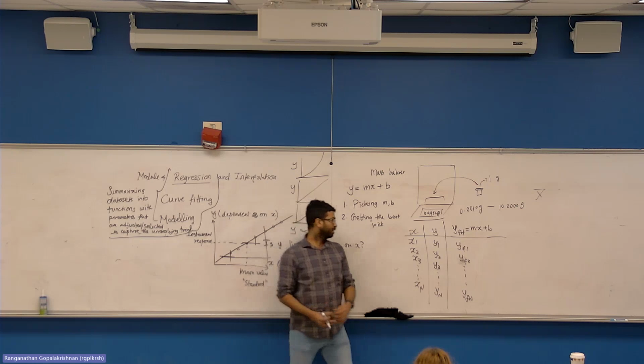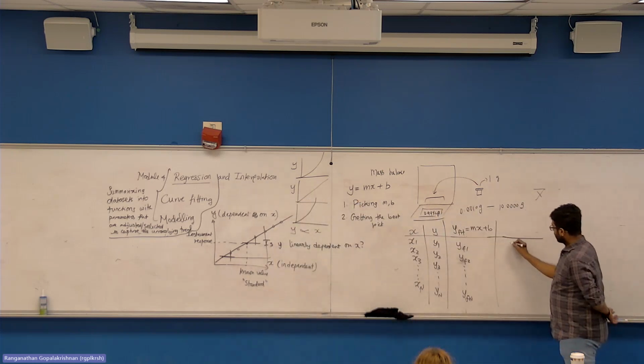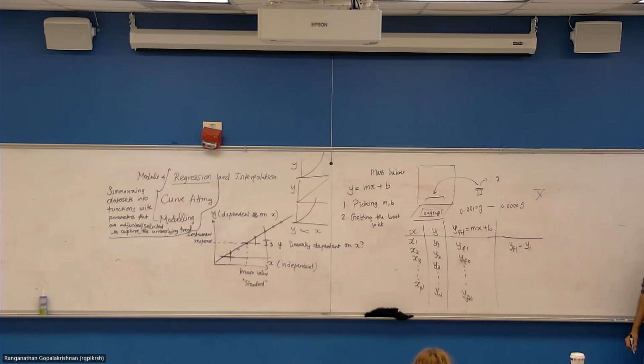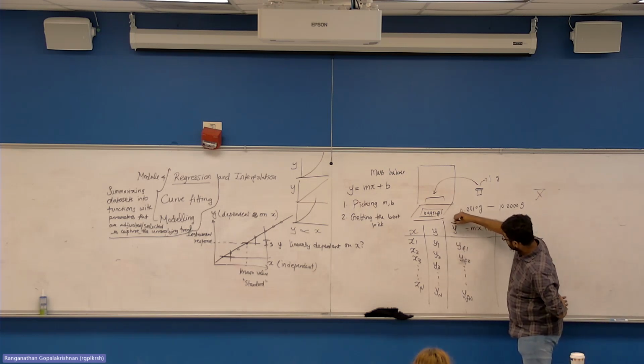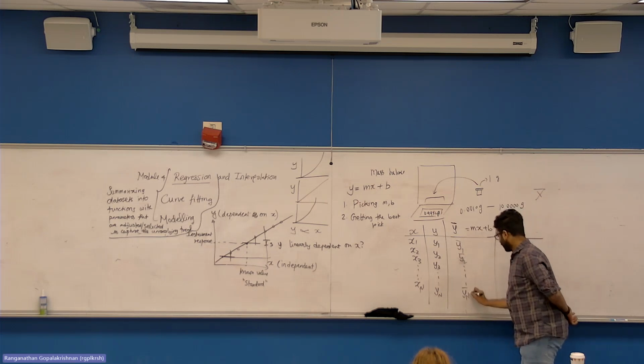Okay, so what is the difference between y fit and y? That is y fit 1 minus y1. And instead of calling it fit, I'm just going to add a bar to denote this is fit. So this is y bar 1, y bar 2, y bar n.